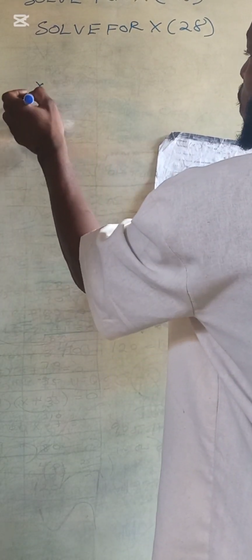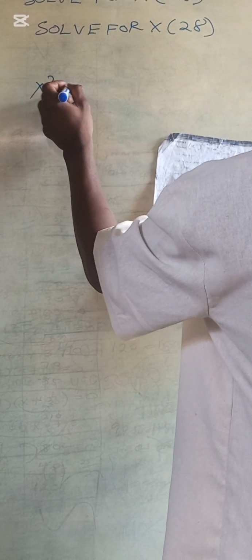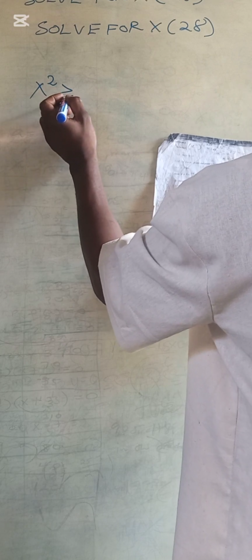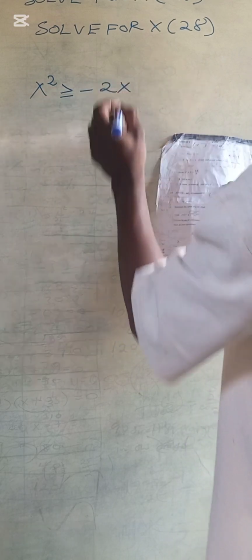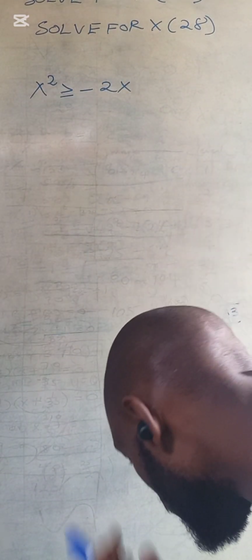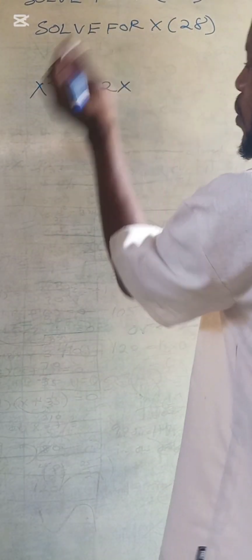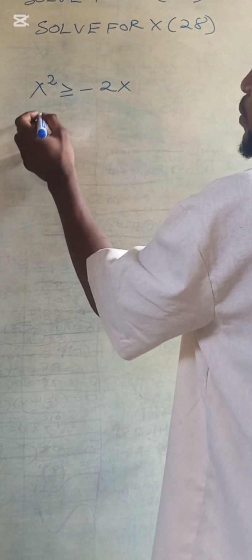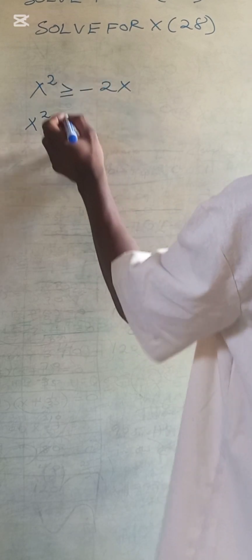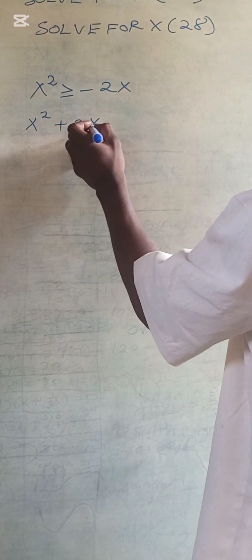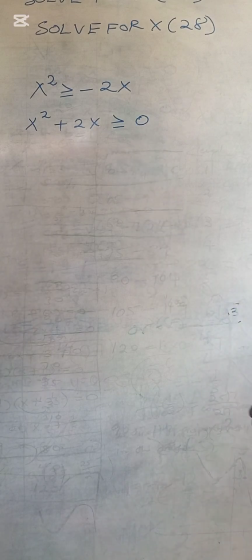Inequalities. So for x, if x squared is greater or equals to minus 2x, right? We want the one side of the inequality sign to be 0, so we will transpose the 2x. So x squared plus 2x is greater or equals to 0, right?